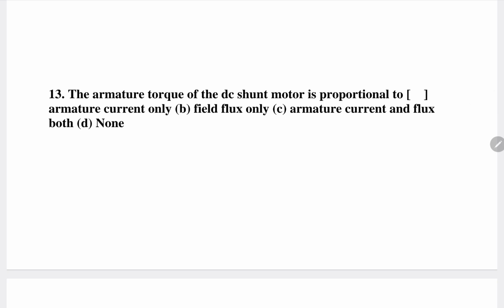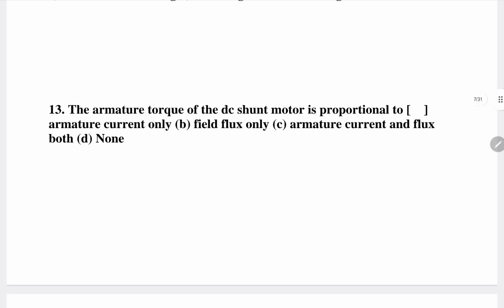The armature torque of the DC shunt motor is proportional to... We have one formula, the usual torque formula: T proportional to phi Ia. Here I will write the four very important general formulas of the DC motor.